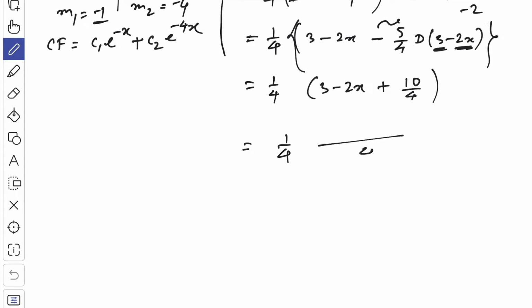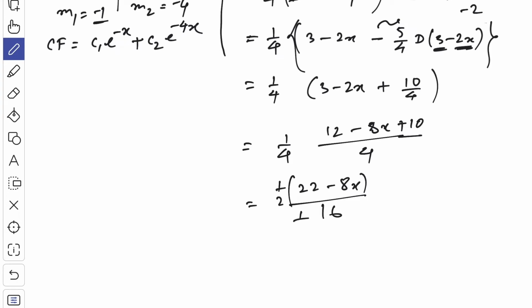So 1 by 4, take LCM, 4: 12 minus 8x plus 10, and here it is 16, then 22 minus 8x. So cancelling, if you multiply by half here and here, then you can have 1 by 8 into 11 minus 4x, that's what you will get. So this is our PI.